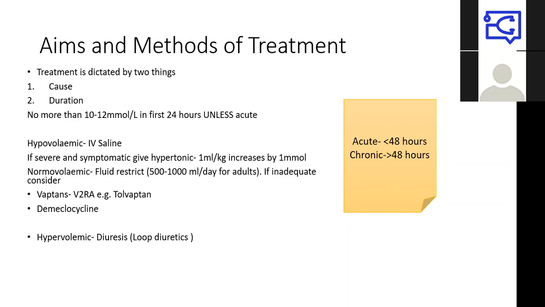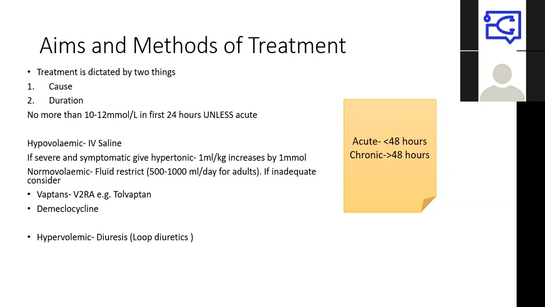Now, if I give a lot of exogenous sodium in one go, then I will raise the extracellular sodium very quickly, and this will mean that water leaves the cells and goes into the plasma. Why? Because it wants to dilute that sodium. Remember, water moves from high to low concentration. So it's trying to dilute that.